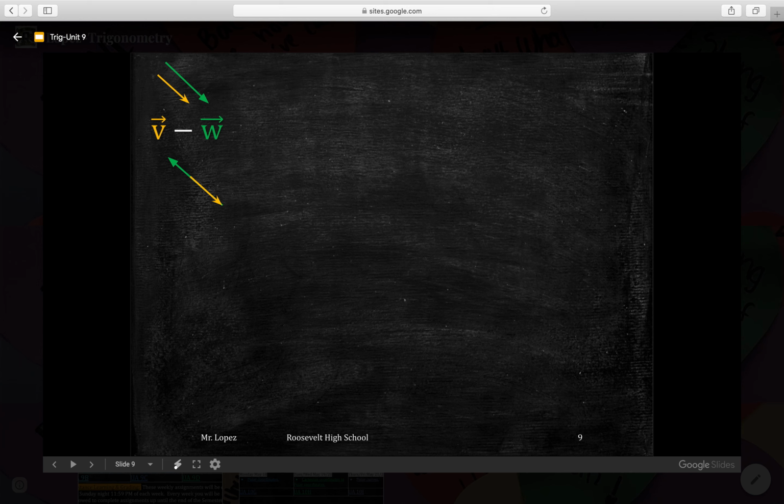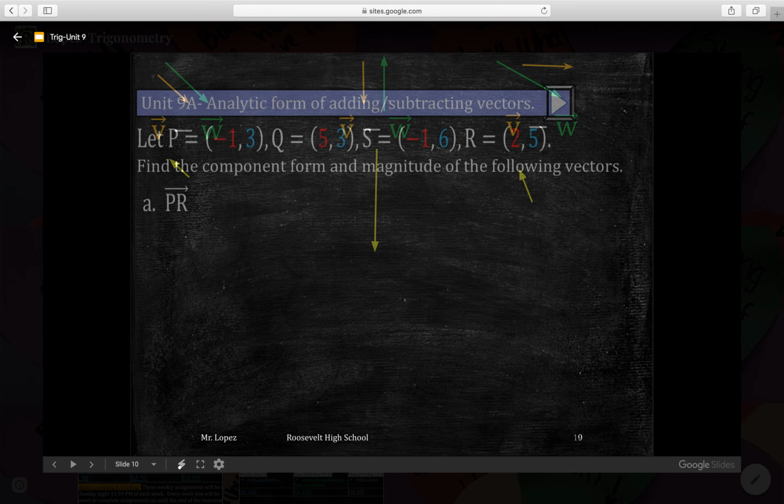That green one is the equivalent vector, the resultant vector. Again, the green one goes up, but the minus makes it go down, so they don't undo each other; it makes a much bigger vector. There it is. Continue on.